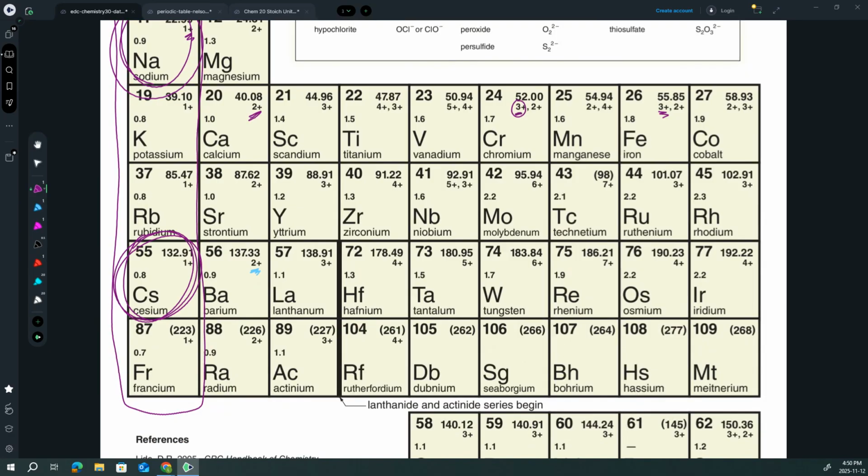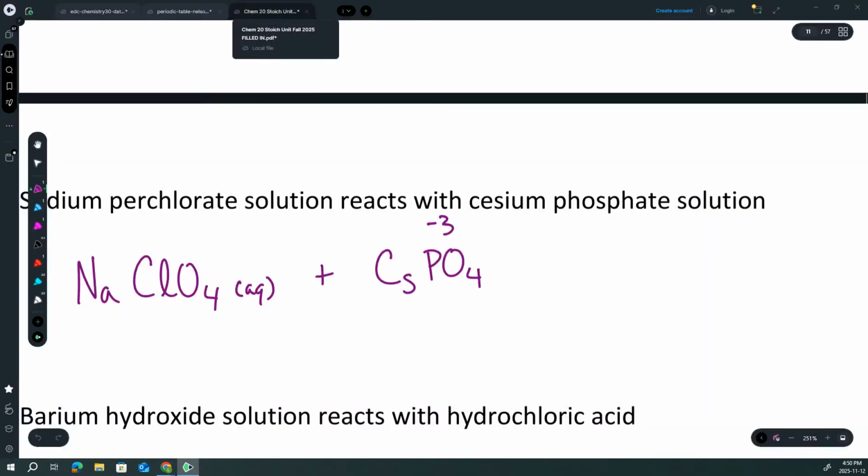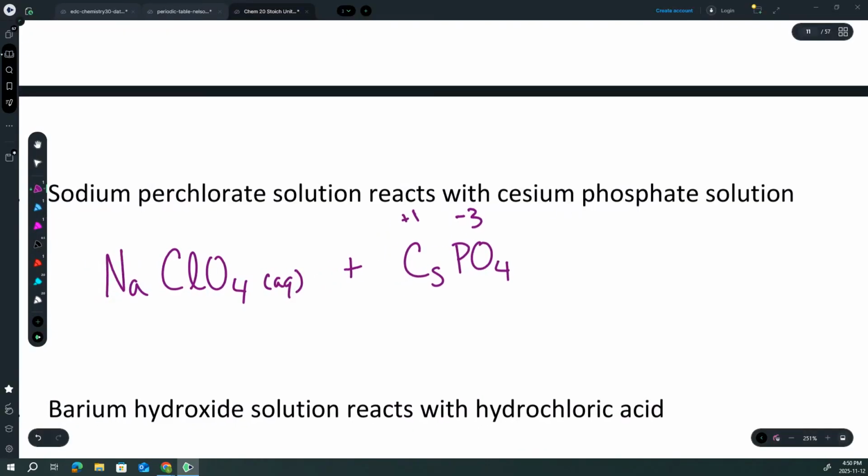It's a group 1 ion, likes to form 1+ ions. Okay, so we know 1 minus 3 does not equal 0, so we got to crisscross applesauce. And since the 3 is kind of looking like a 5, I will fix that. Cesium, so that's going to be a 3 right there, and that is balanced. Since it's a solution, it's AQ.